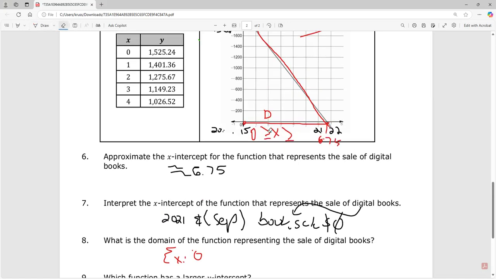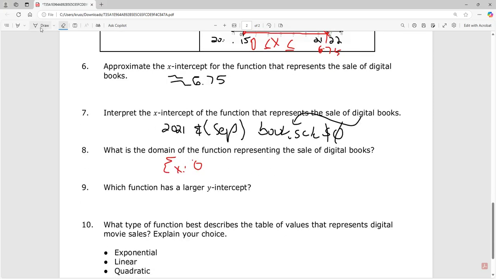I do this a lot. 0 is on, x is on that side, no, I was right the first time. No, I wasn't. So x is greater than 0, but less than 6.75.